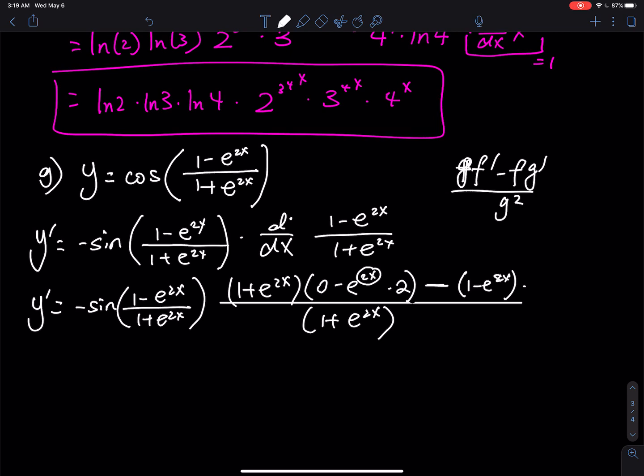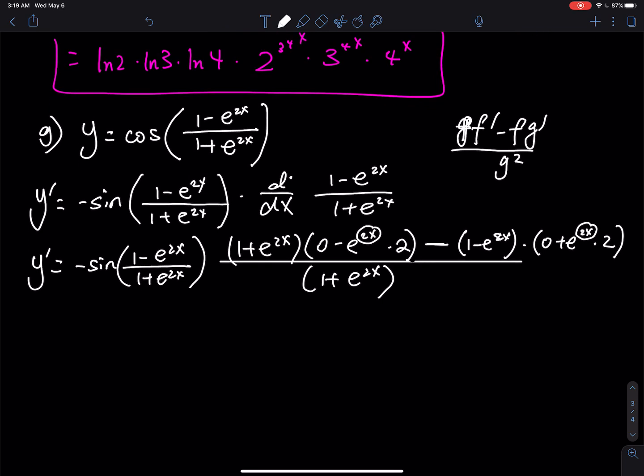The derivative of 1 is 0 plus e to the anything. The derivative of 2x is 2. And then just clean up the top. y prime is negative sine of (1 minus e to the 2x) divided by (1 plus e to the 2x). And then we clean up the top.